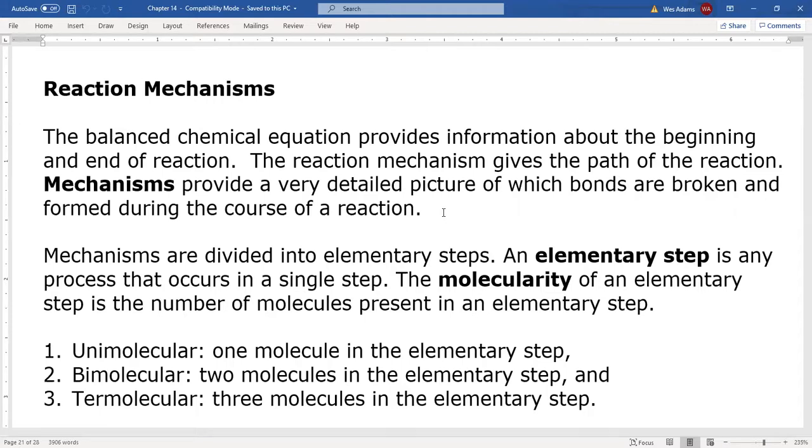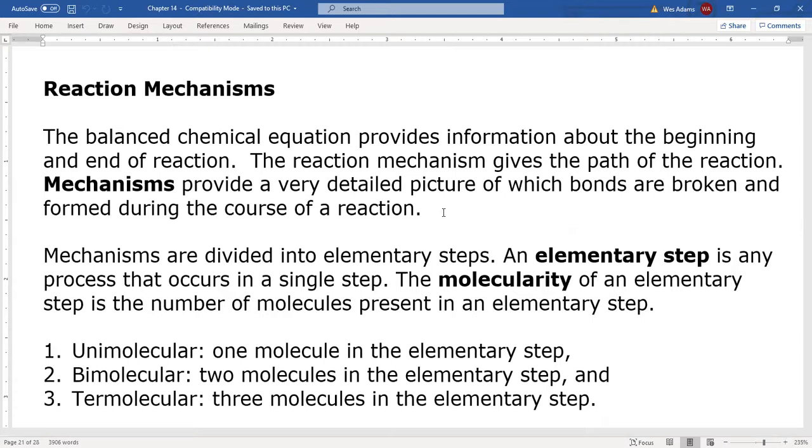Mechanisms are divided into elementary steps, where an elementary step is a process that occurs in a single step. It can't be a multi-step thing or anything like that. The molecularity is essentially the reaction order of that elementary step, and it represents the number of molecules present. So unimolecular, one molecule in the elementary step, bimolecular, 2 molecules in the elementary step, and termolecular, 3 molecules in the elementary step.